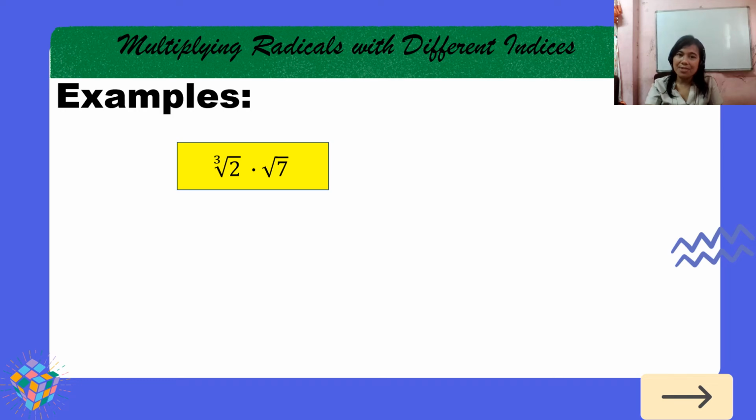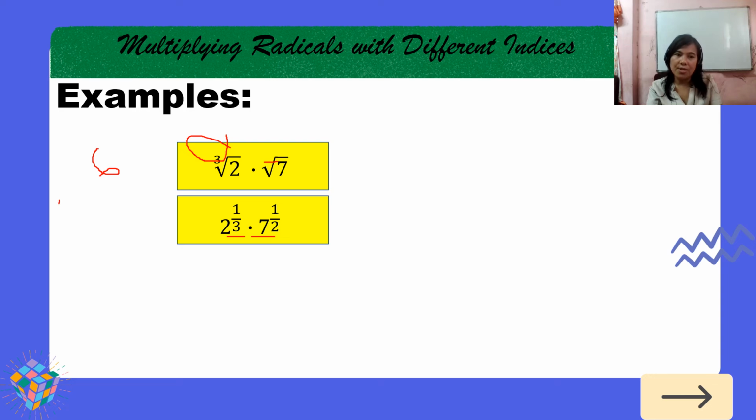Okay. Let's proceed with another example. So, here, since meron tayong 3 dito, tapos dito is 2 lang kasi wala akong nakikita. So, magkaiba sila ng index. So, transform muna tayo. So, 2 raised to 1/3, 7 raised to 1/2. Ngayon, yung 3 tsaka 2 is meron silang GCF na 6. Si 1/3, change na natin na yung denominator niya will become 6.